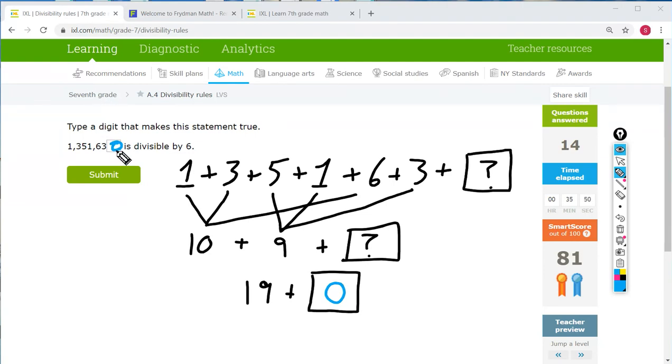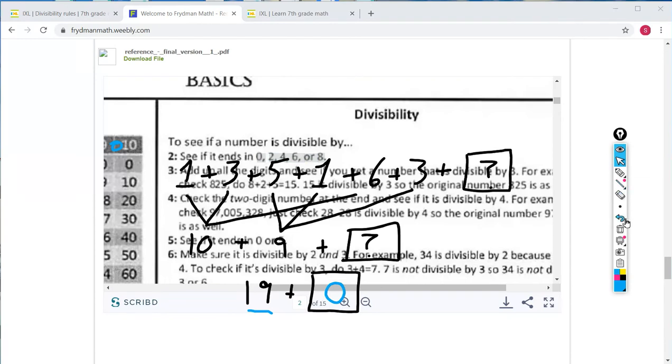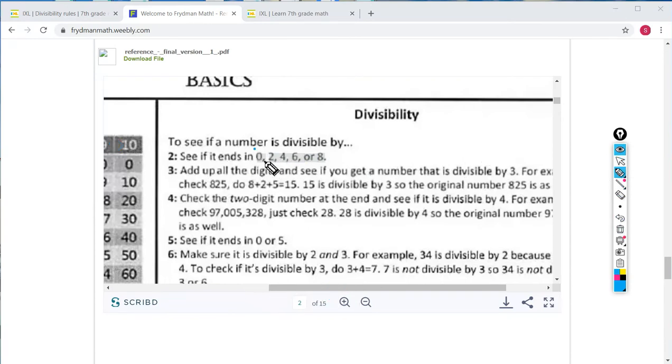Then I know that the number would be divisible by 2, but it would not be divisible by 3, because 19 plus 0 is 19, and 3 does not go nicely into 19. So let's try again. I know that this number is not going to work. Let's try the next one. How about a 2?